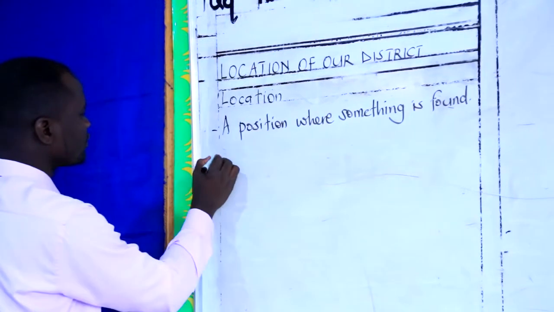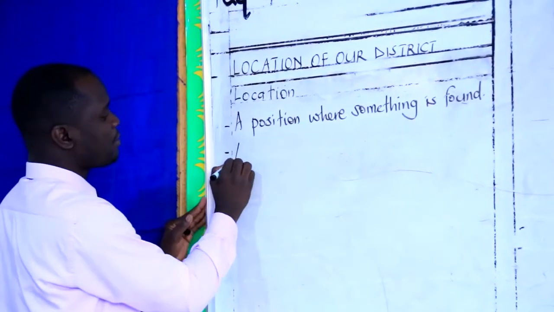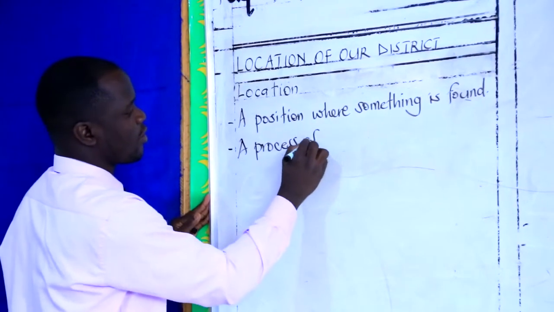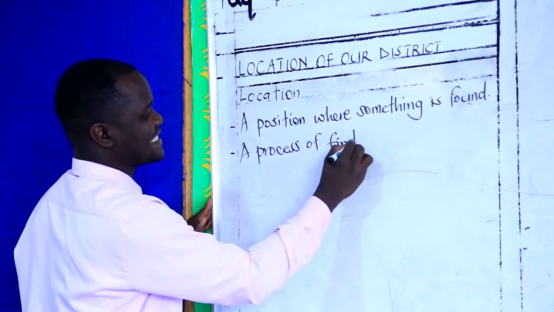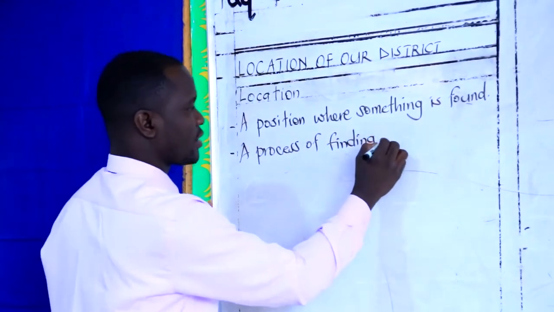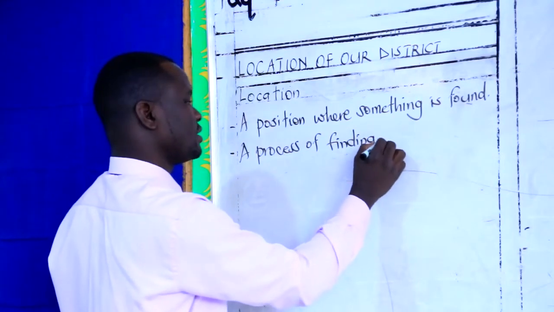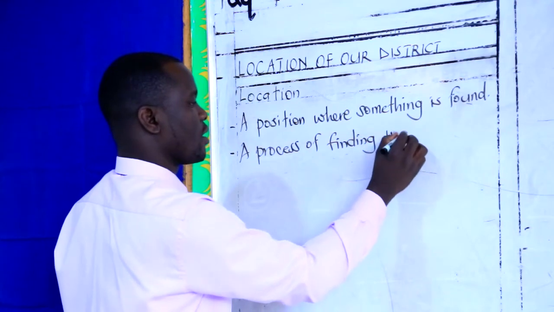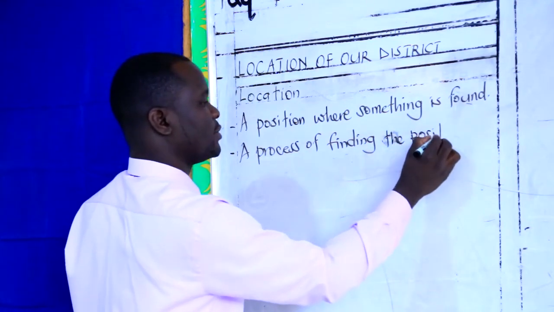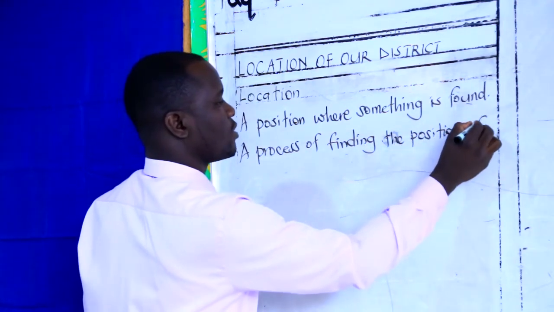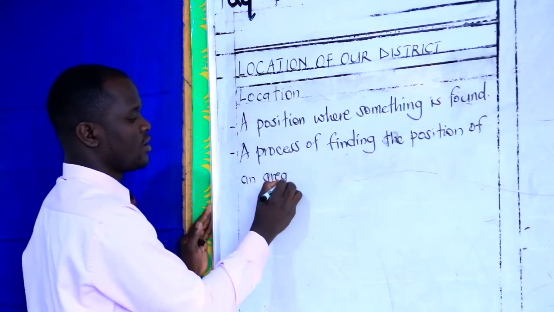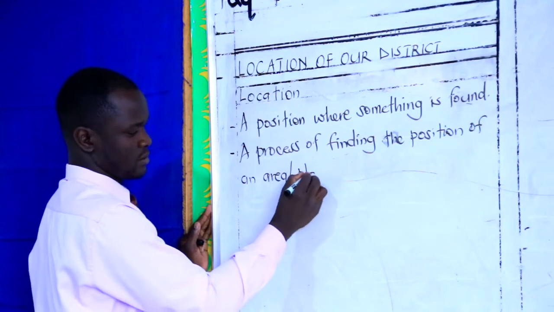Definition number 2, location can mean a process of finding the position of either an area or someone, or it can be a place.